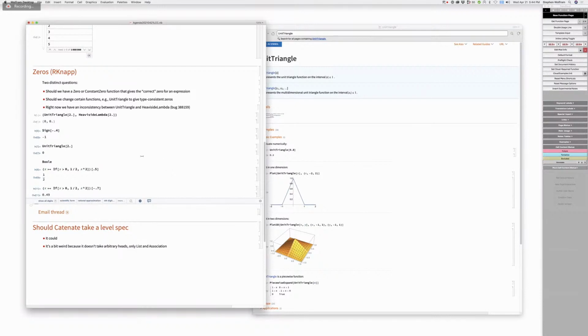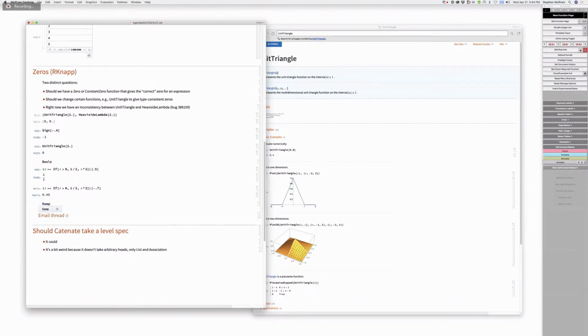I'm sorry. Look, the case here is, right, there are functions that have built-in default values. That's what you're saying. I mean, another example is ramp. Ramp, okay. And I think ramp is type consistent. A ramp of minus 1.0.